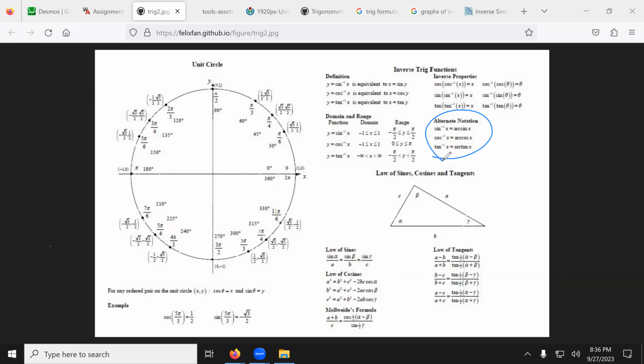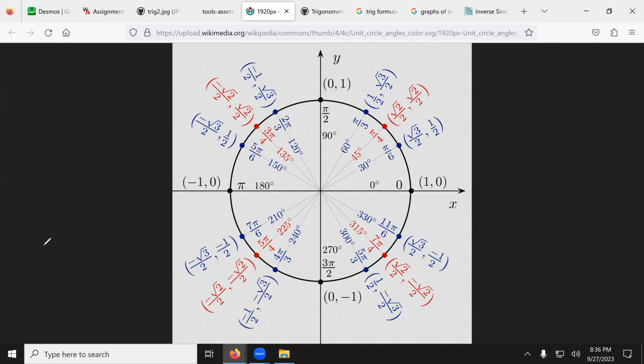So the range, the only angles that the arc sine can spit out, have to be between here, negative pi over 2 to pi over 2. I cannot go above pi over 2. So that means that sine inverse can only give me answers from here to here.